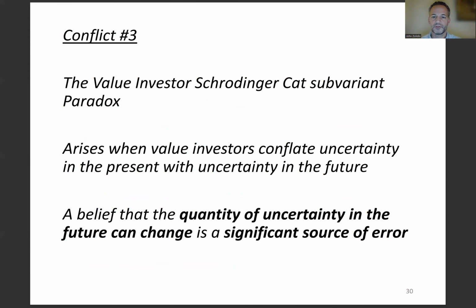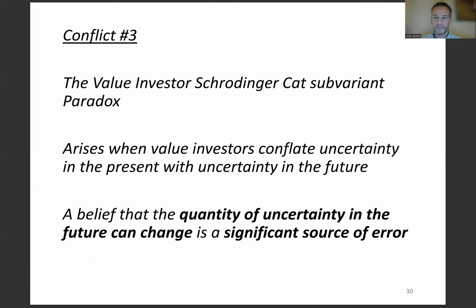The value investor Schrodinger's Cat subvariant paradox is when value investors conflate uncertainty in the present with uncertainty in the future.